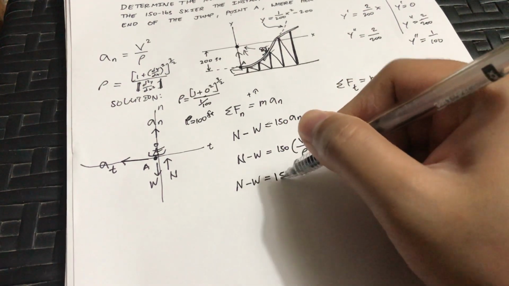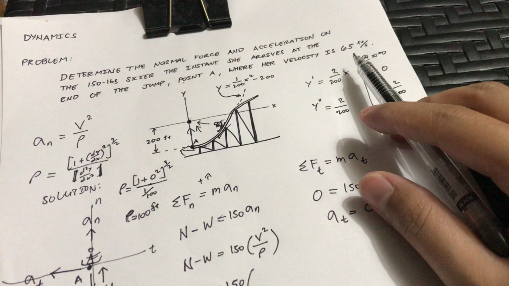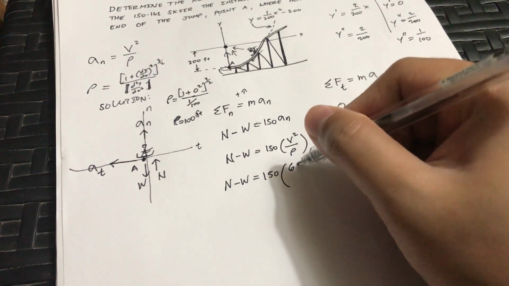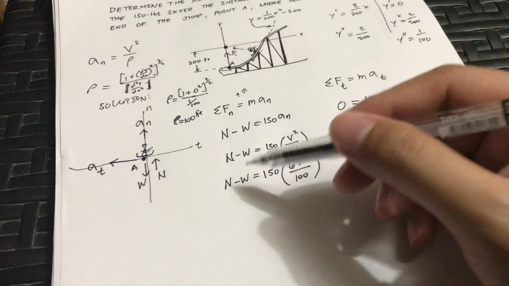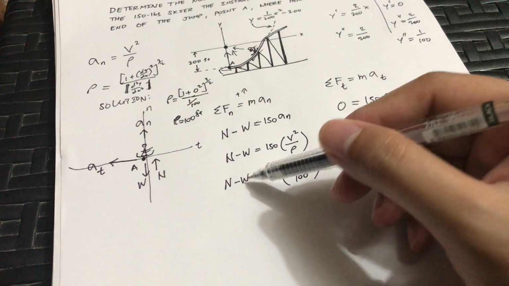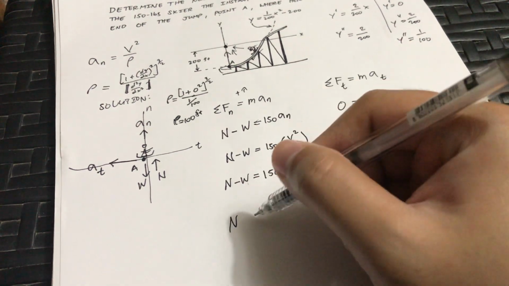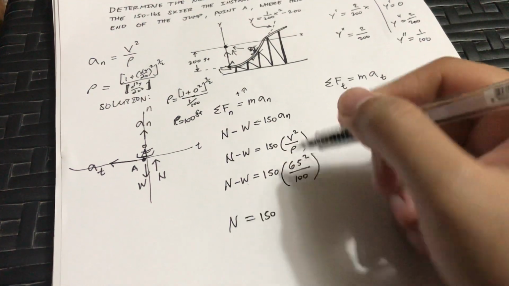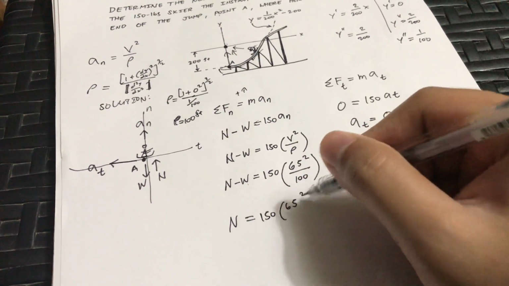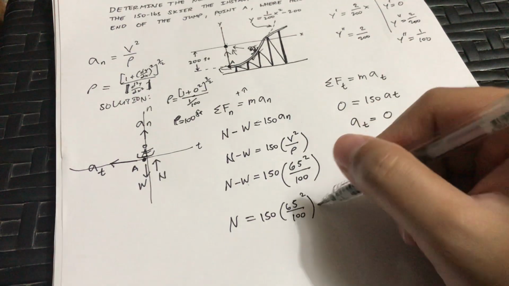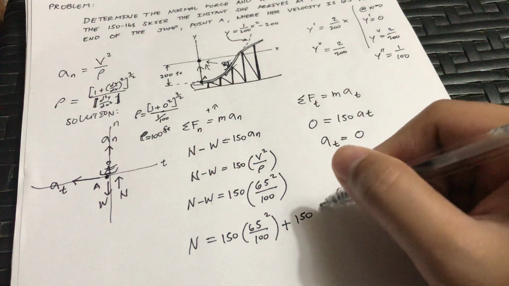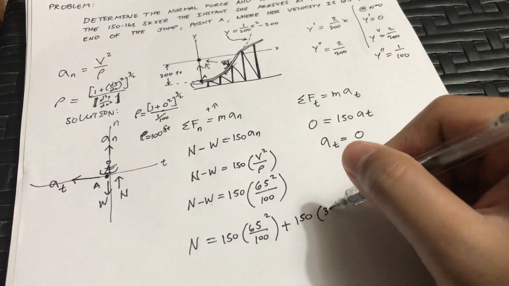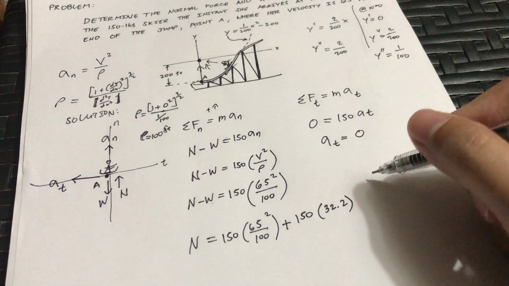So we now have the normal force. The mass is 150, and the velocity is given as 65, so we have 65 squared all over 100. We also have the weight of the person. So the normal force is equal to 150 times 65 squared all over 100 plus the weight, which is 150, the mass, times 32.2 feet per second squared.